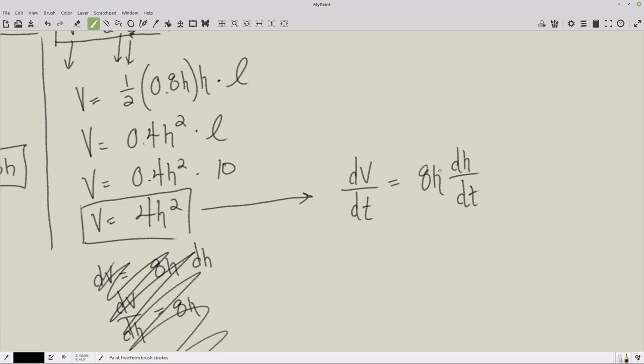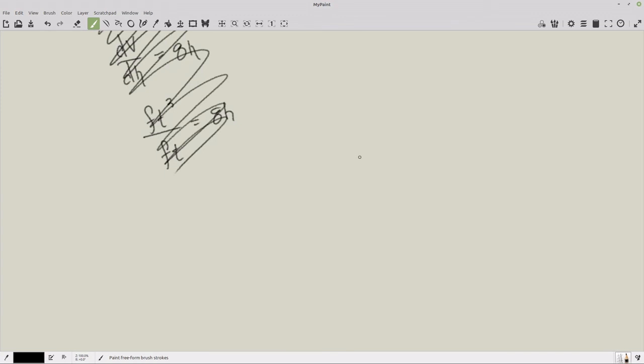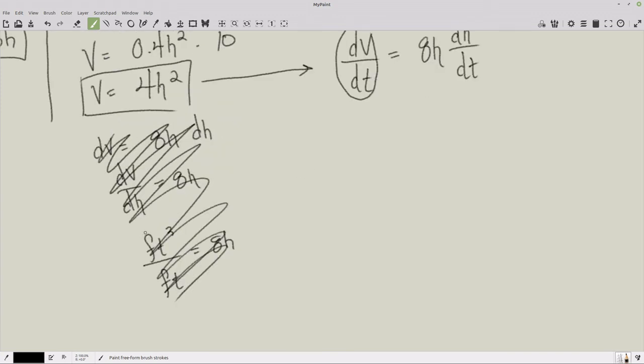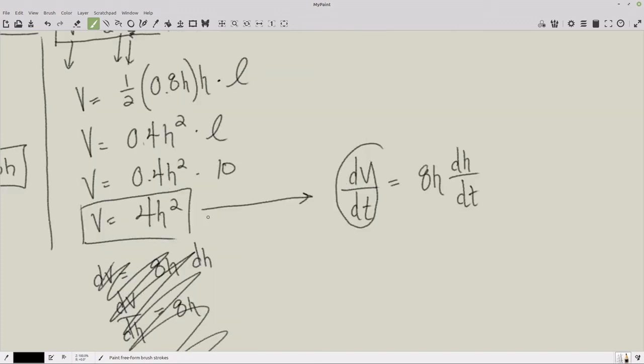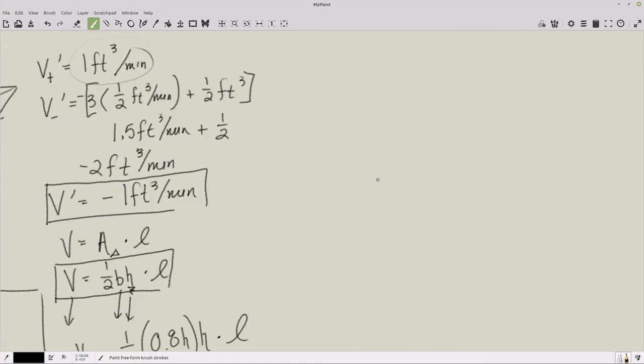Now, this gets a little interesting because we know this. We didn't know the previous one; we solved specifically for it. It was 8h, but that didn't really give us what we wanted. We wanted to know that. So we plug in our original change in volume per given time, which is right here.